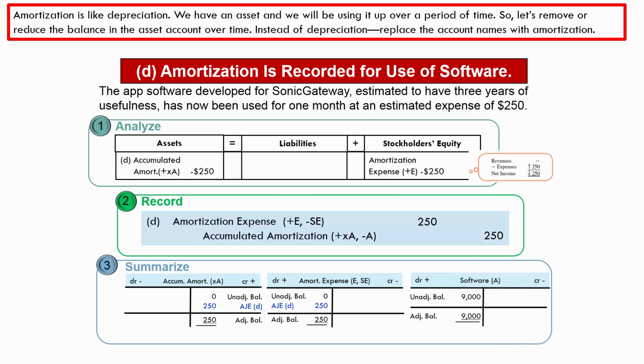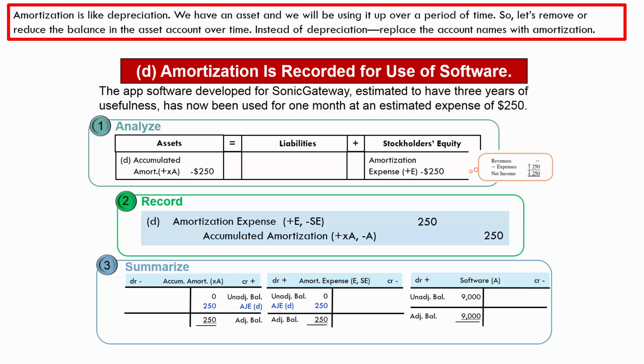So we initially purchased the software for $9,000, and like depreciation, we are going to use it up, and we are going to create an account that accumulates the using up of the software. In this case, we have used up an accumulated amount of $250 at the end of this first month.